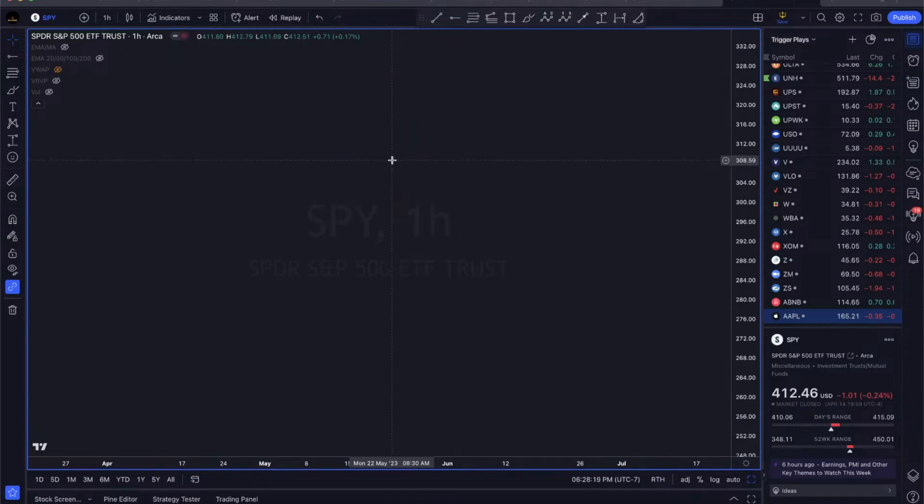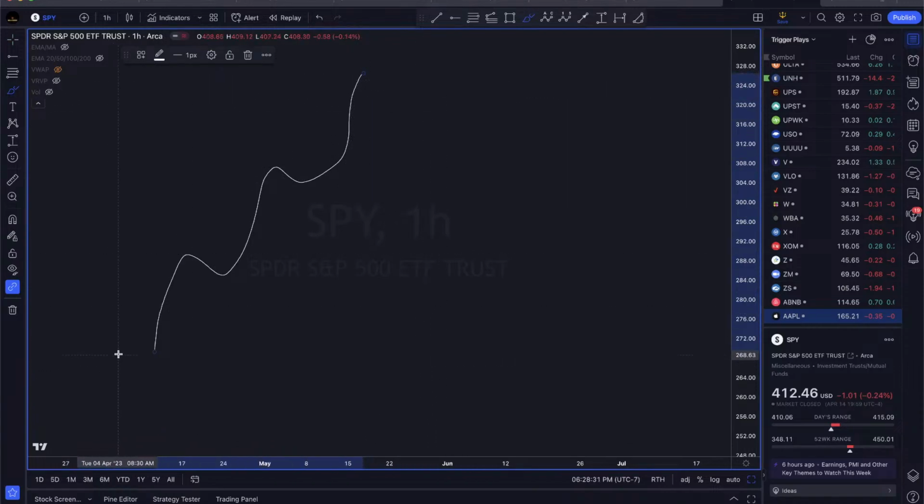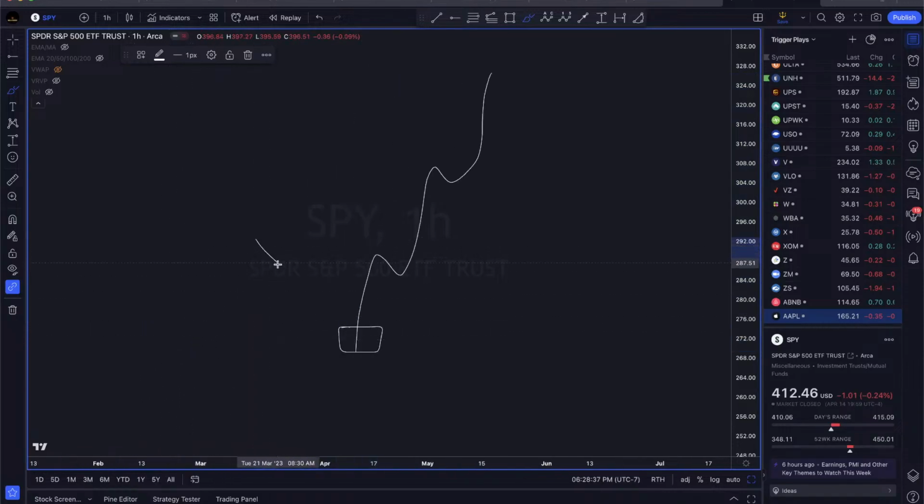It's pretty simple. Let's say the trend is going, let's say this is an uptrend. Price is going to the upside, right? And the trend started from here, from the bottom.